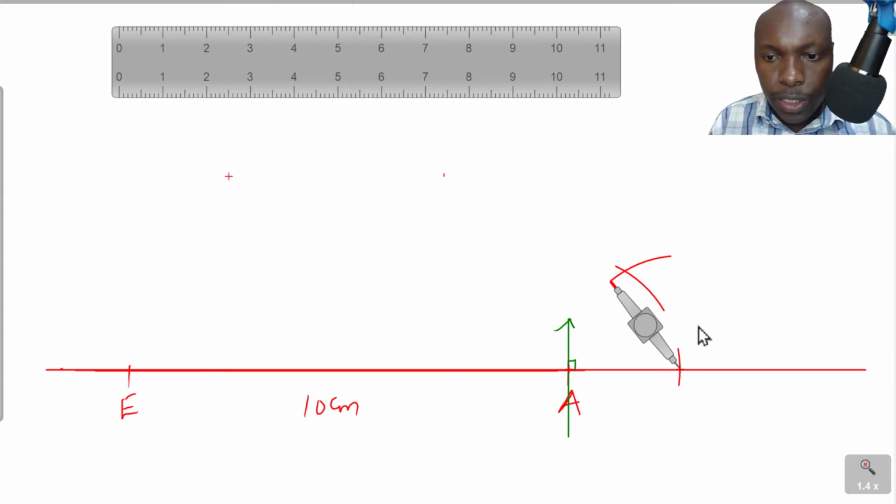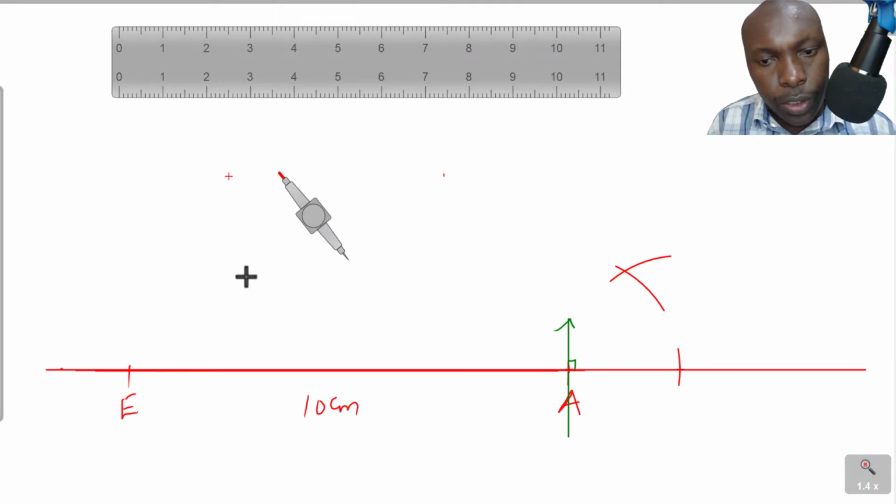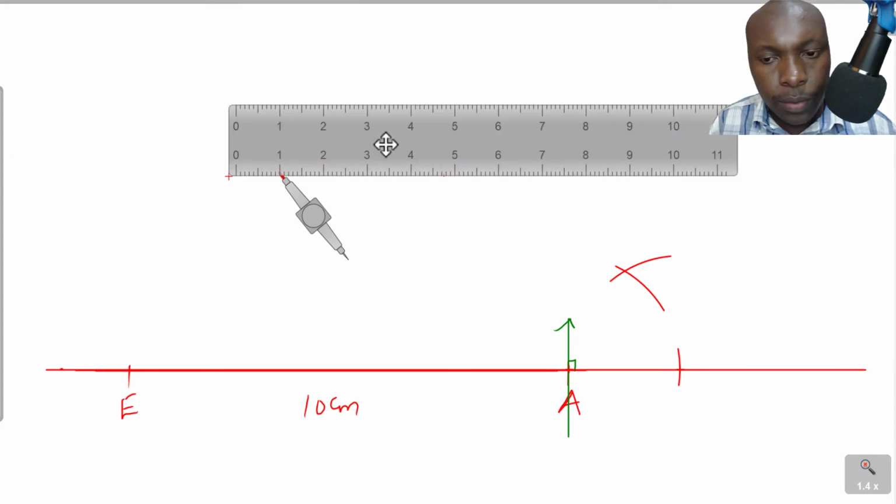So when I construct 60 degrees, there's something that you will notice here. Once I join, my line here is able to join this one. Let me do it again. I can use a ruler for that matter.